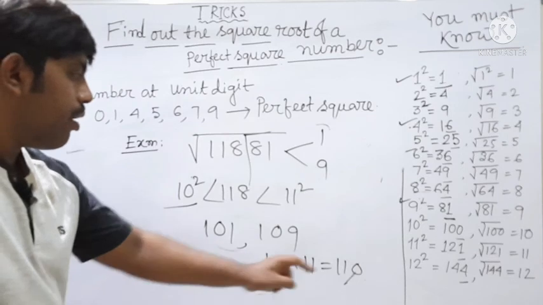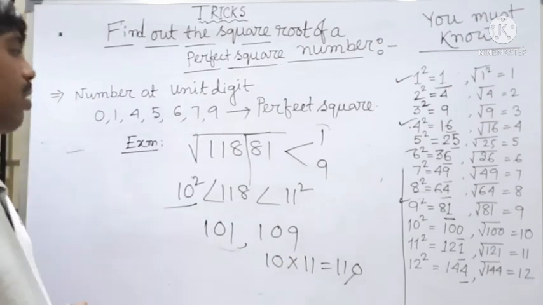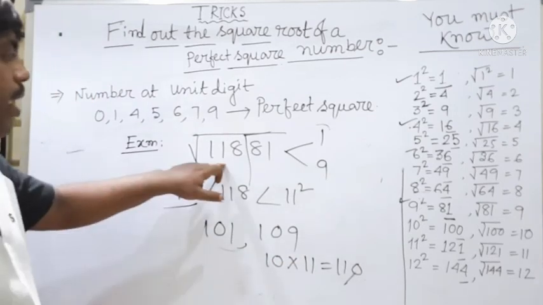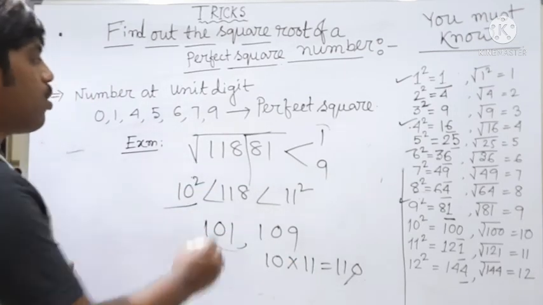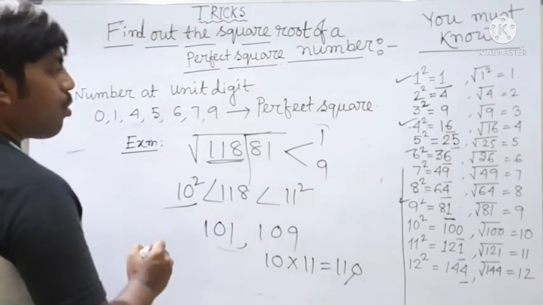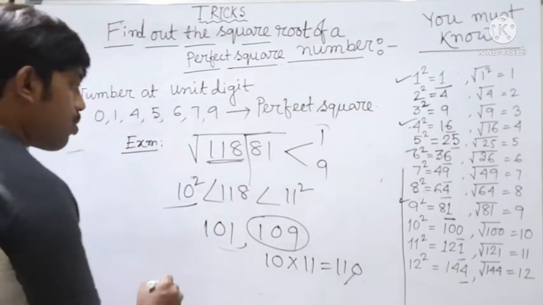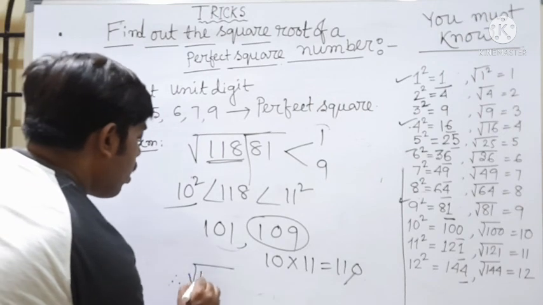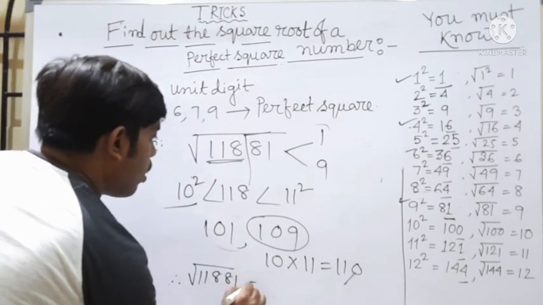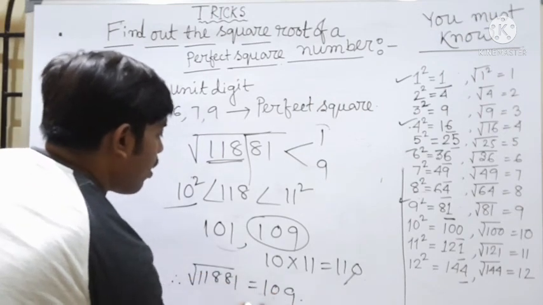And 118 is greater than 110. So this is the greater number. So which number will we take? We take this number. So therefore the square root of 11881 is equal to 109.